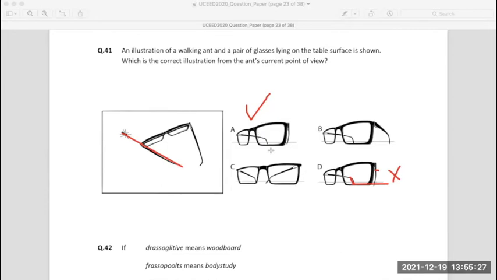That's where I arrived at A or D, because in B it feels as if the stick might be somewhere here, which is not a possibility. Is this clear, students? Any doubts? Yes, ma'am. Okay.